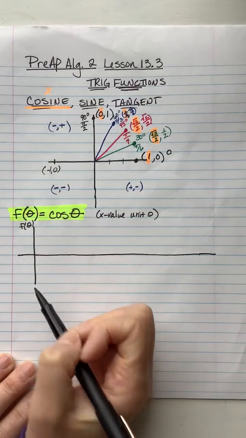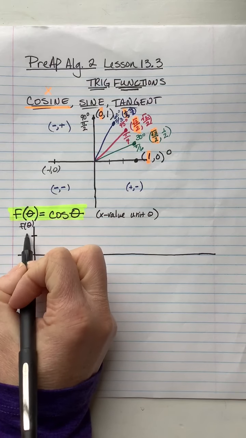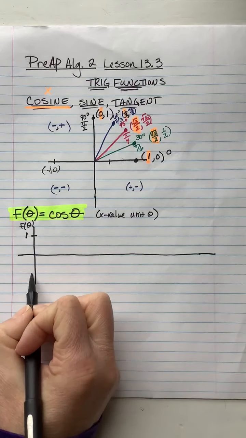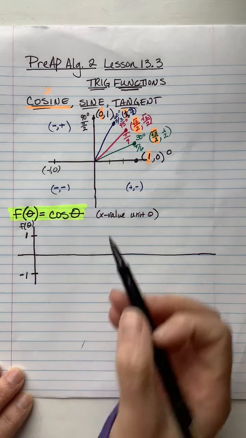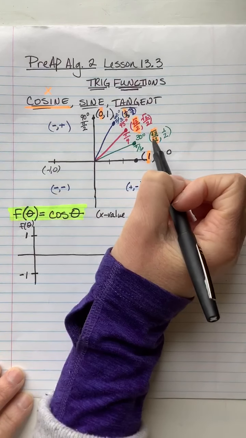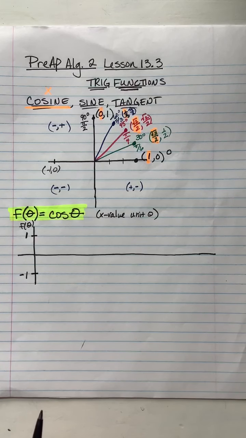So when I label this, I'm going to label largest is 1, smallest is -1. It's going to be a repeated pattern, or a periodic pattern, which is why this works really well for modeling periodic motion, such as waves or sound or light.